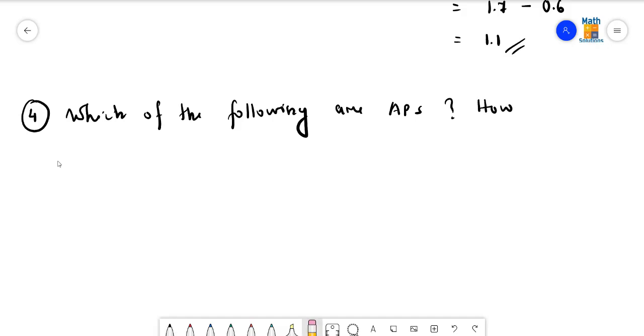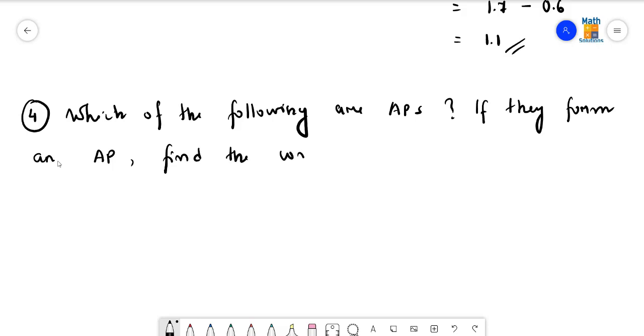Sorry, it should be: if they form an AP, find the common difference, small letter D, and write three more terms.